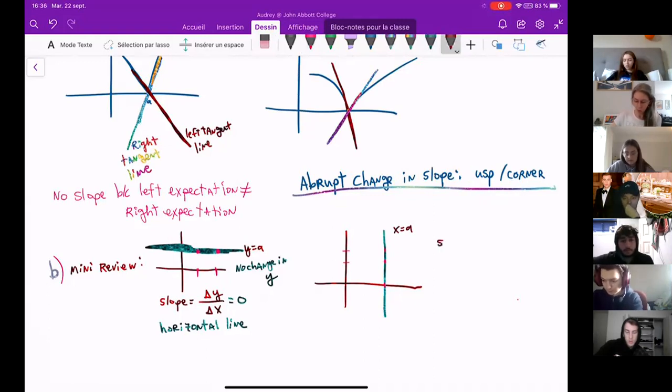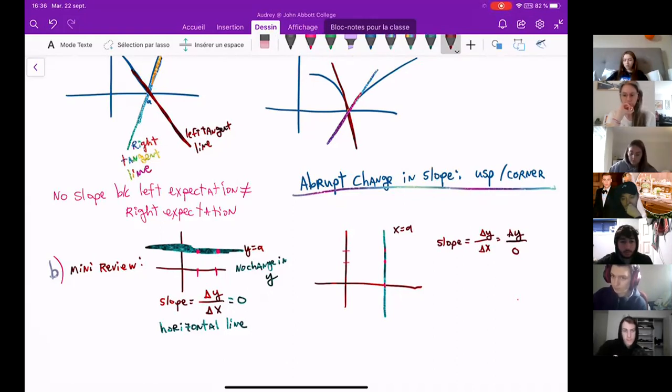Here the slope is still change in y over change in x, which is change in y over 0. What does a constant divided by 0 cause? Infinity, you got it. So in this case, we say that vertical lines have infinite slope, which really is like saying they have no slope.